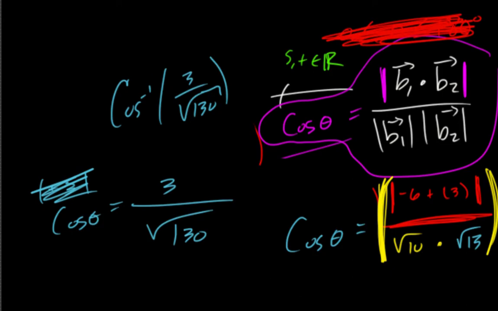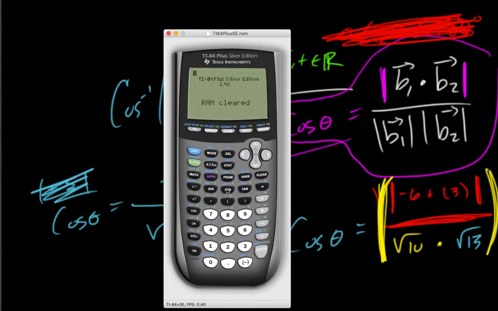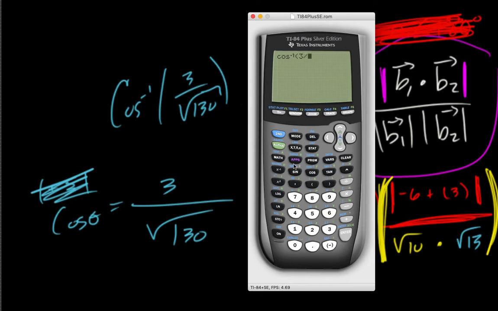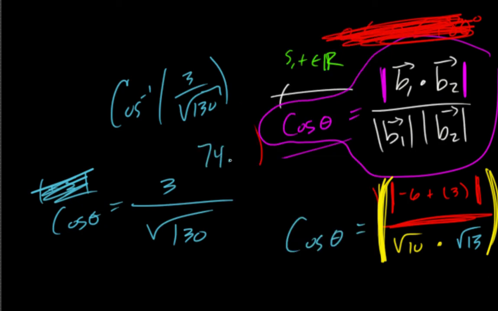Go to our calculator. Need to change it to degrees. Okay, we get 74.7. So that's the angle, the acute angle between the two lines.